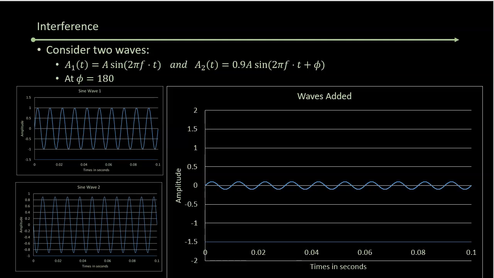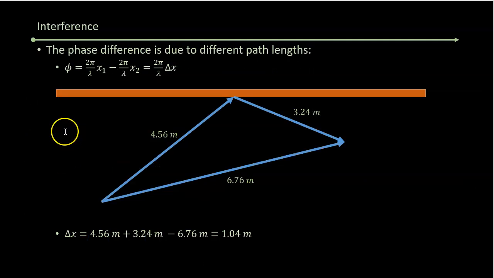Where is this important? Well, let's consider our room. You've got a speaker sitting here, and the sound goes and hits the wall and comes off. You're sitting over here, and the sound also comes straight to you. Well, this path from here to here is longer, and then this path that goes straight. That phase difference is due to the difference in the path length. The path length gives us a phase difference.